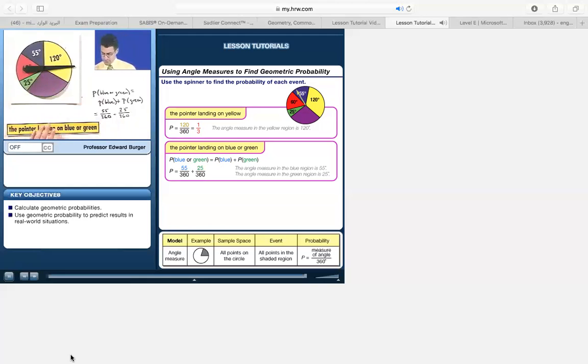And so when we add these up, we see 80 over 360, which if we simplify, we get 2/9. So 2/9, not a very high probability, but that corresponds to the fact that these aren't very large sectors, so we wouldn't expect to land in there.